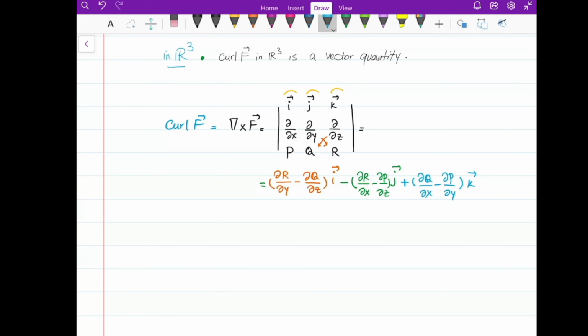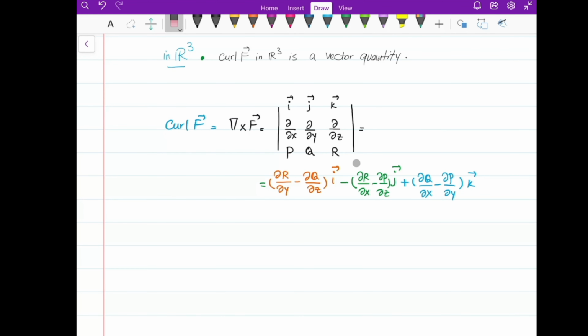You might notice that this is the actual definition of the curl, but this is how we remember it, by finding the cross product of the del operator with the vector field.